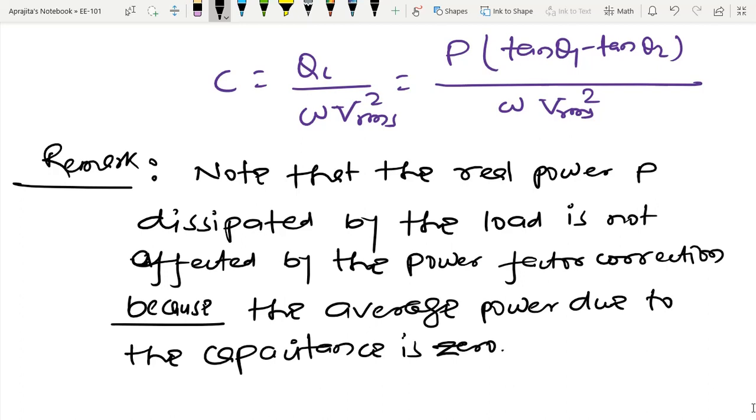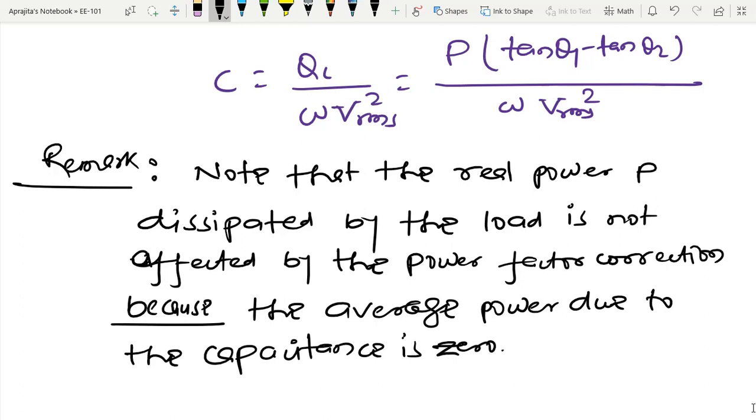Suppose that now our load is capacitive, and again I have to perform the power factor correction, because at that time I have a leading power factor. So at that time I have to add an inductor, again in parallel with the capacitive load, and in the same way I can calculate the value of the inductance.